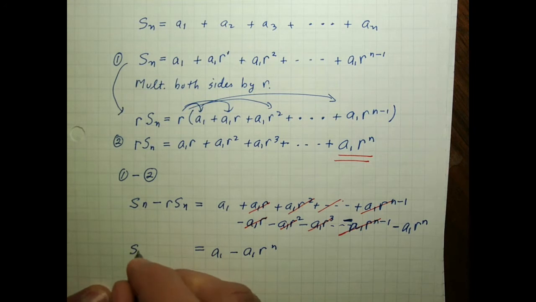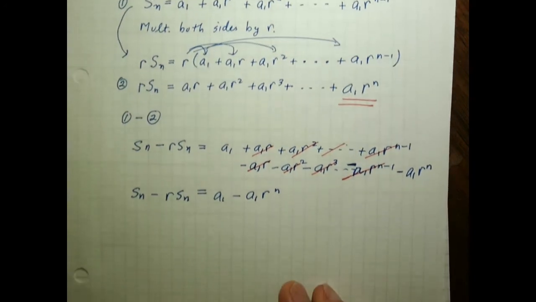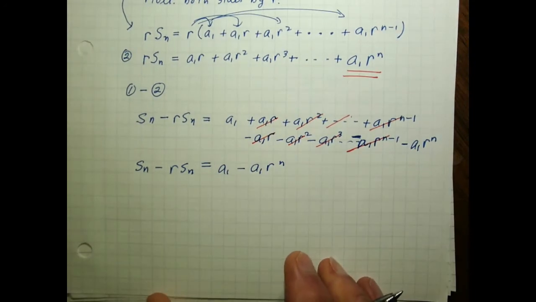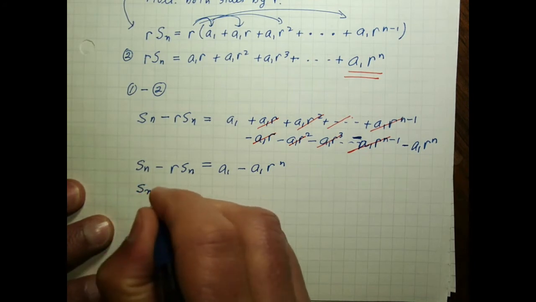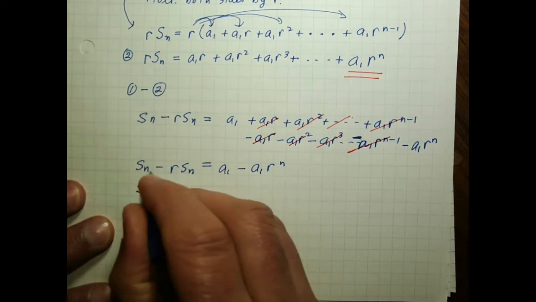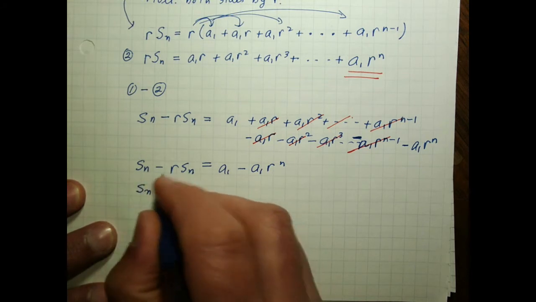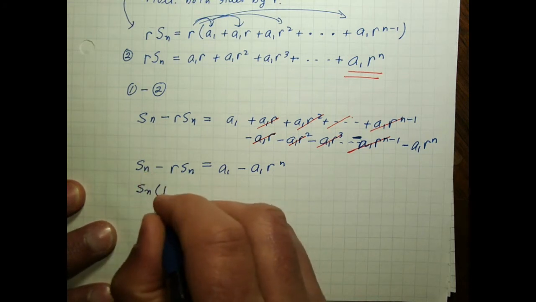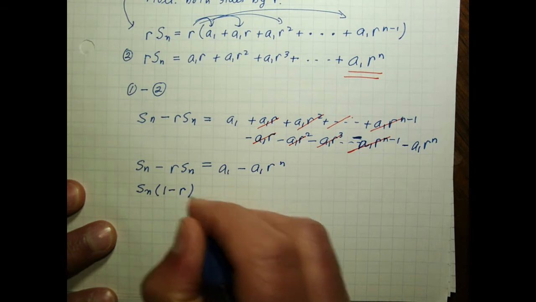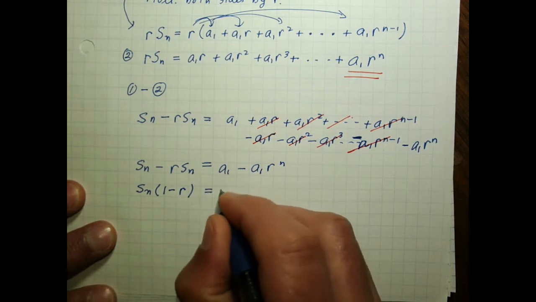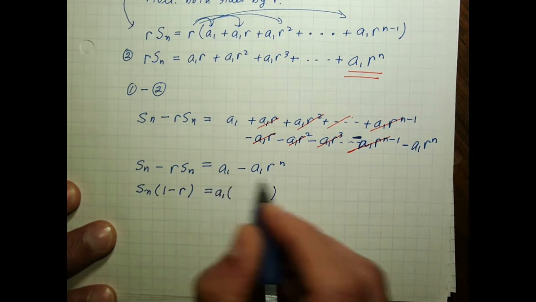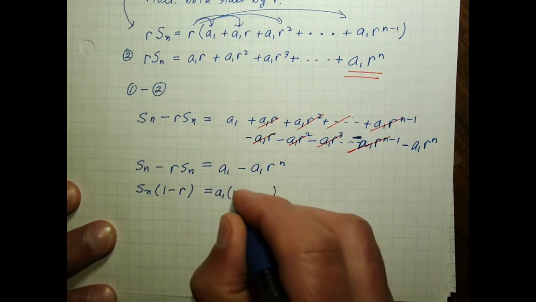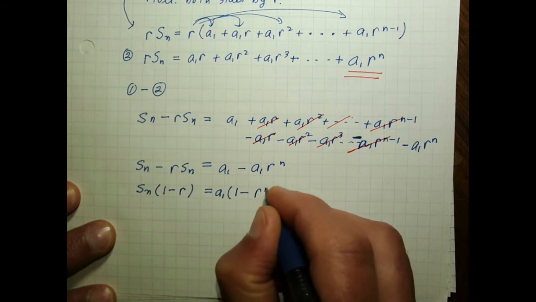So I have Sn minus r times Sn equals that. Okay? And we're almost there. We're almost to our formula. I'm going to factor out Sn from the left-hand side, a common factor of Sn. So I have 1 minus r. On the right, I can also factor out a1. I'm going to factor it out from these two terms, and I'm going to have 1 minus r to the n.